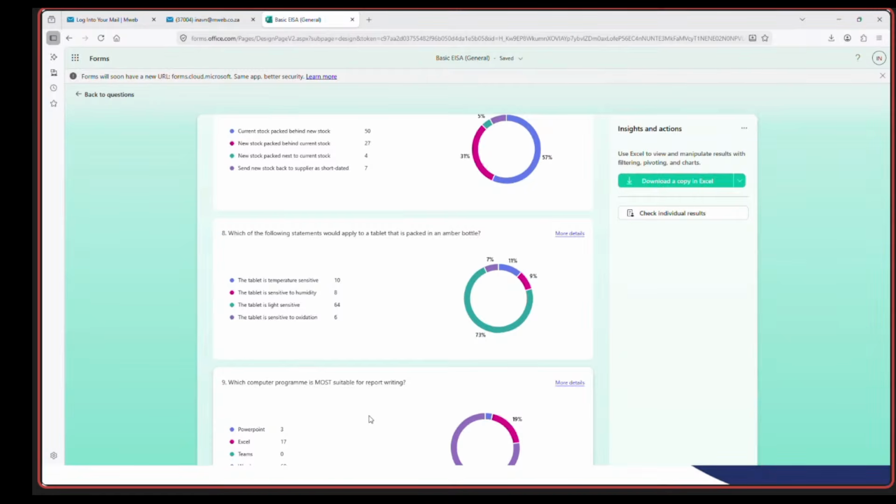So this is the correct answer. It's light sensitive. And the sensitive to oxidation is also incorrect. 73% of you had the question correct.